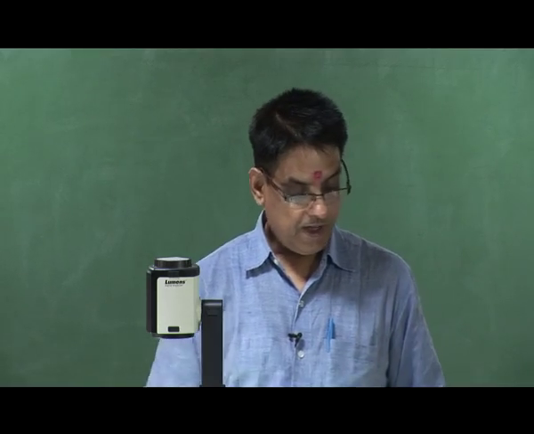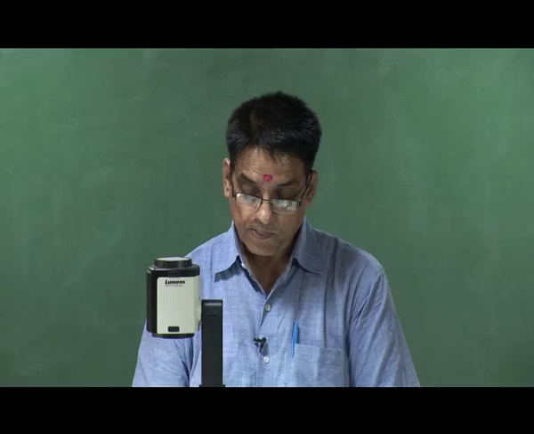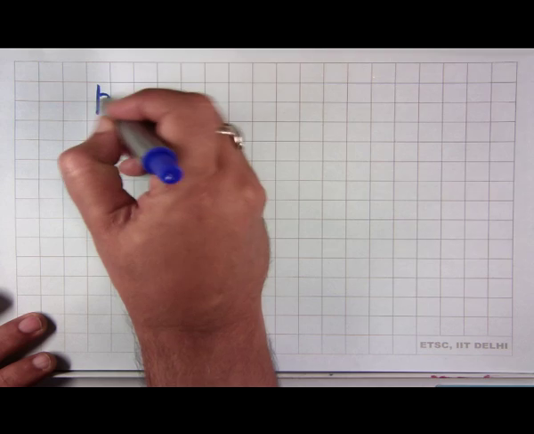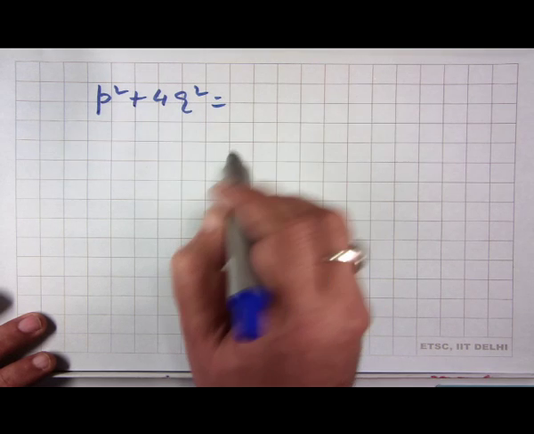Now we have to show that p square plus 4q square equal to k square. So p square plus 4q square.